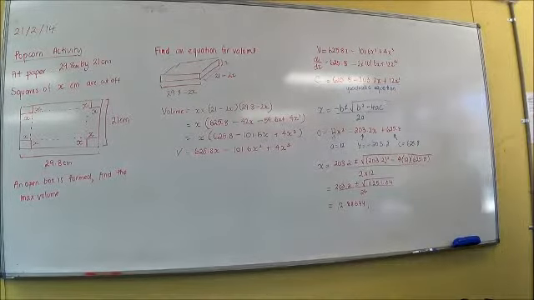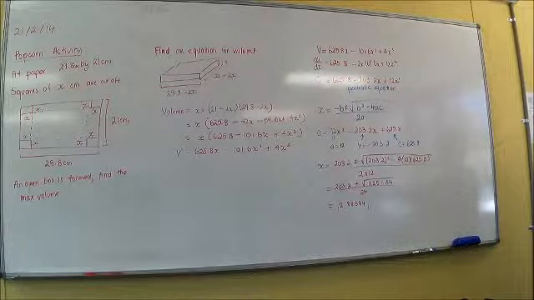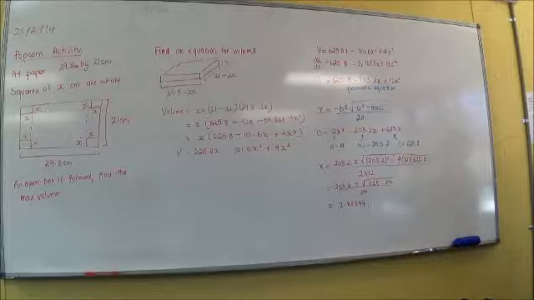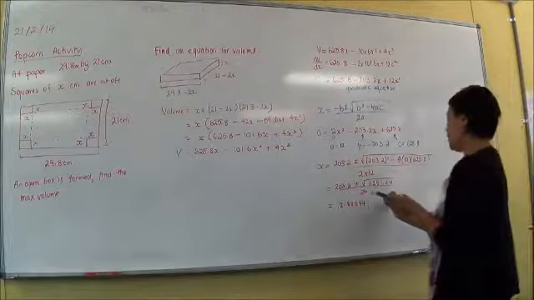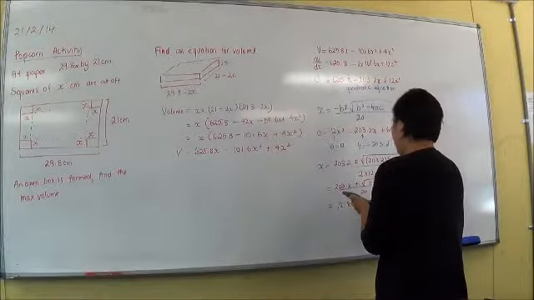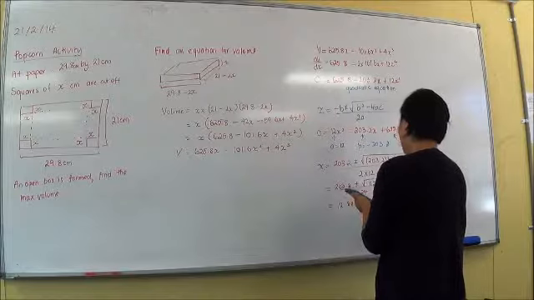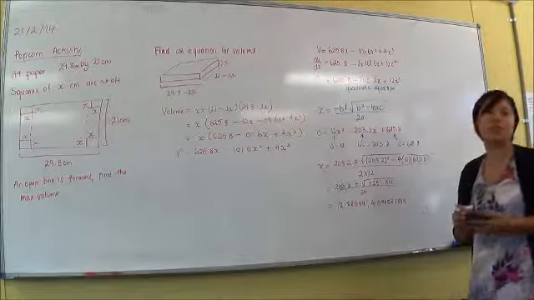Minus, or right? 4.046. Which one did you get for minus? 4.046. Okay, it's the 4 one that works. Yeah, it's the 4. It should be your final answer. Okay, so 4.046. That's your two solutions.